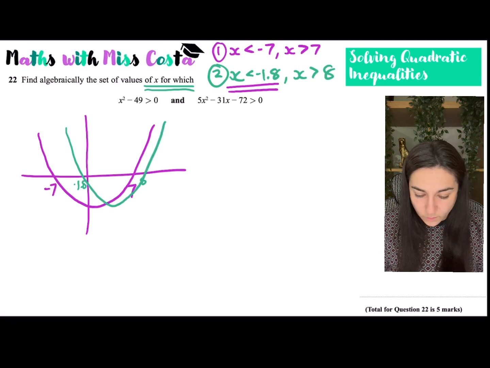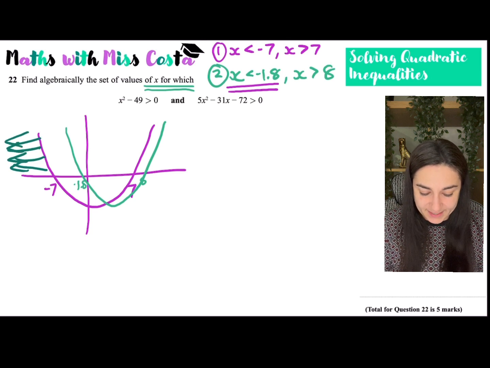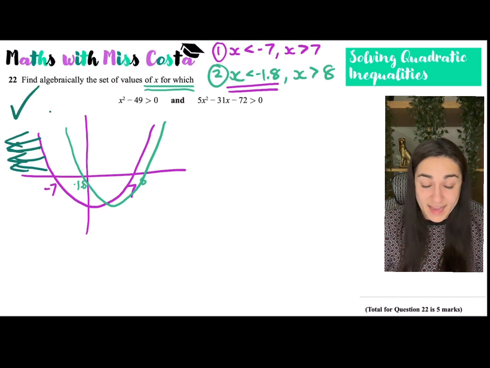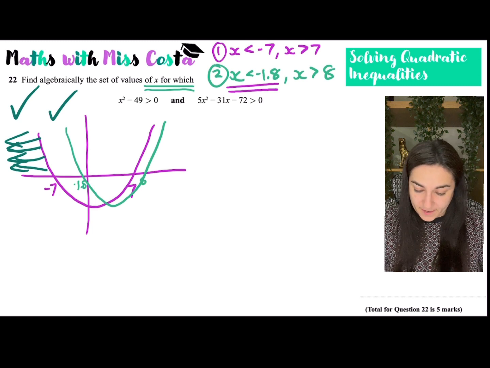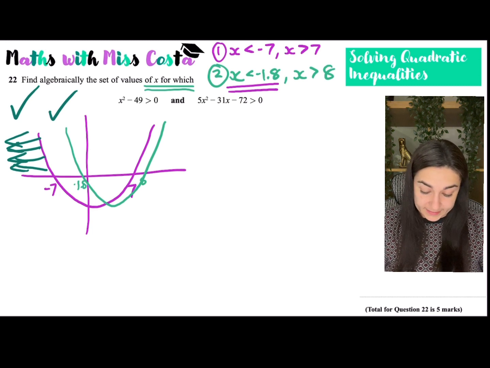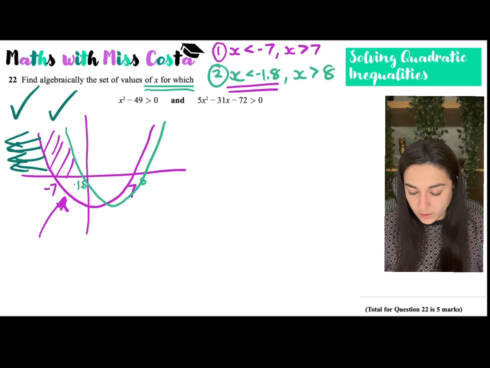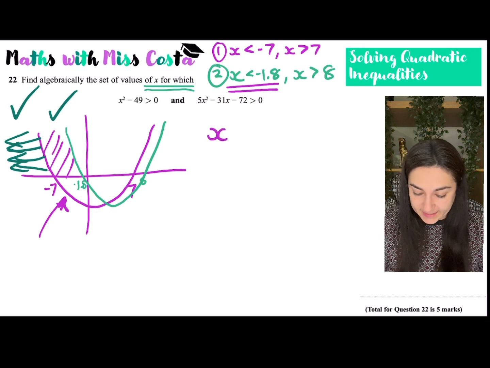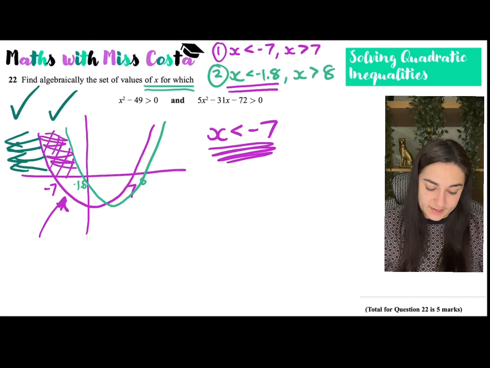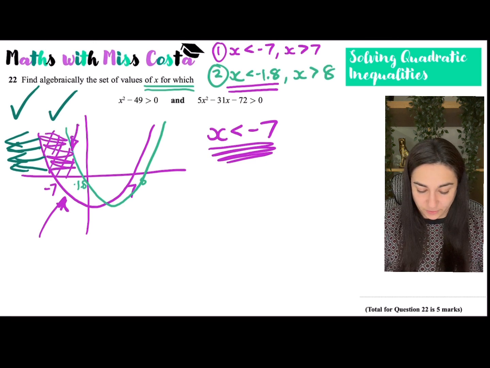Okay. So therefore, the only thing that can satisfy both these inequalities is anything that is less than -7, because it needs to satisfy this graph and this graph. So over here, this is satisfied by the graph of x less than -1.8, but this part here wouldn't be for this graph. So therefore, my final solution must be x must be less than -7, because this part here only satisfies this graph.